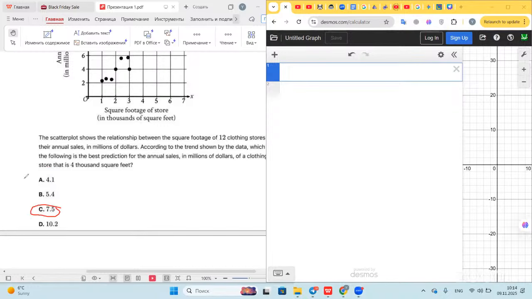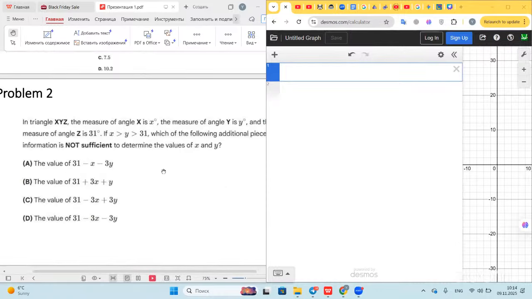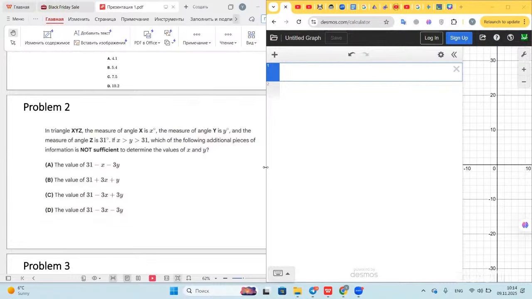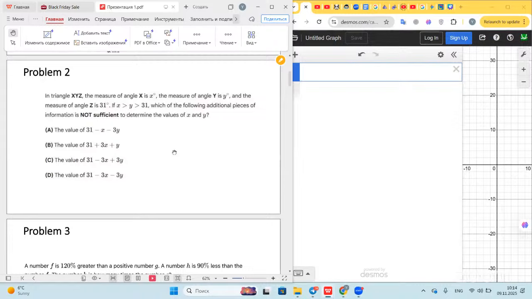Let's continue. This question appeared. And let's go to the next question. In the next question, it's also a very important question. So in triangle XYZ, the measure of x is x, the measure of y is y. The measure of z is 31.